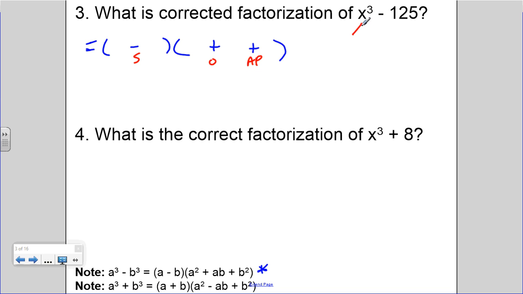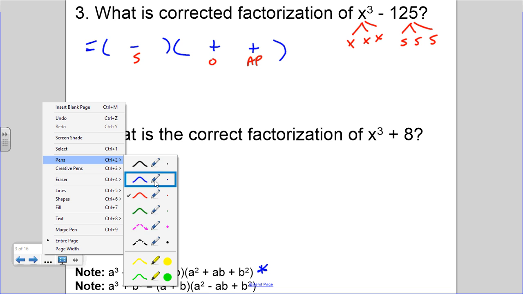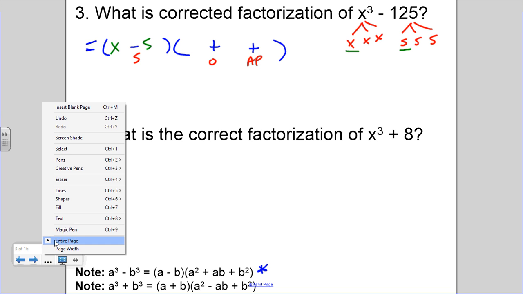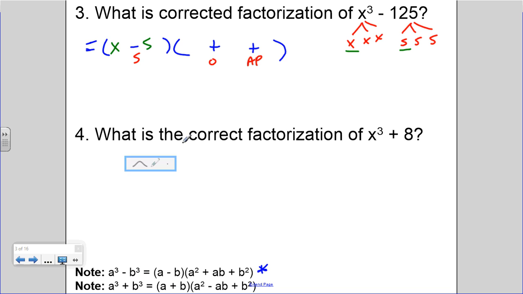So x cubed is a perfect cube because x times x times x. 125 is a perfect cube because of 5 times 5 times 5. So again, we take the first branch from each term and put it in the first parentheses in the proper location. Then you take the second two branches, multiply them.